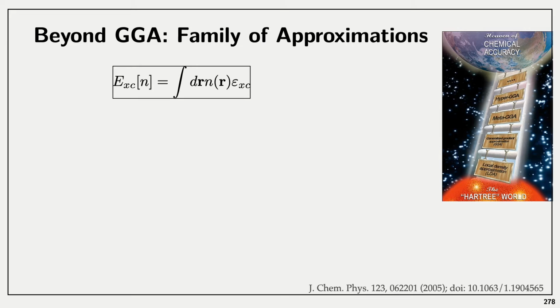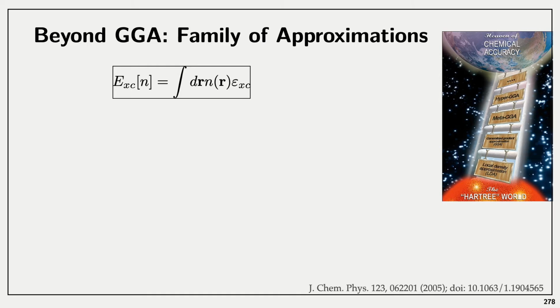Many people have been working on this over the years, in particular the group of Perdew, who came up with this image. It shows that you can calculate different types of approximations, starting from the Hartree world really below, which we introduced in the first few lectures of this series.